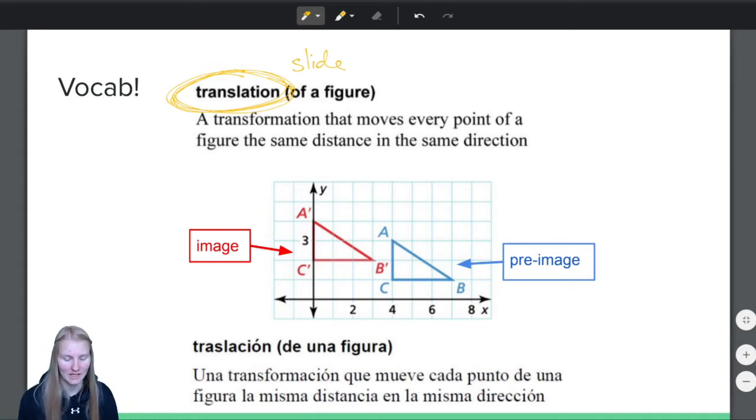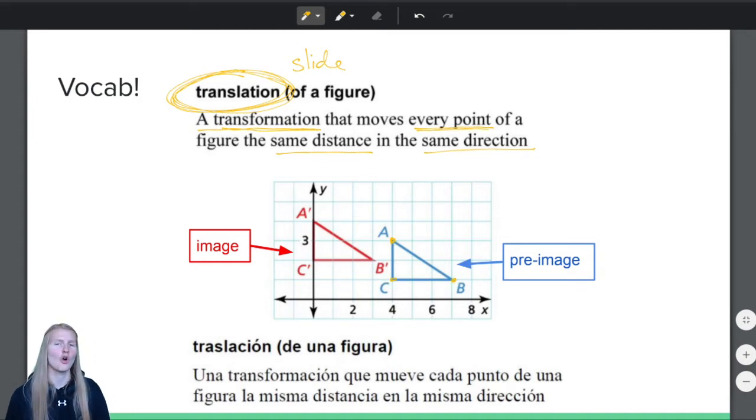So, a translation is a transformation. That's why we talked about the word transform in our entry task. A transformation that moves every point of a figure the same distance in the same direction. So every point, A, B, and C, all get moved in the exact same way, in a special way, just like we talked about in the entry task.